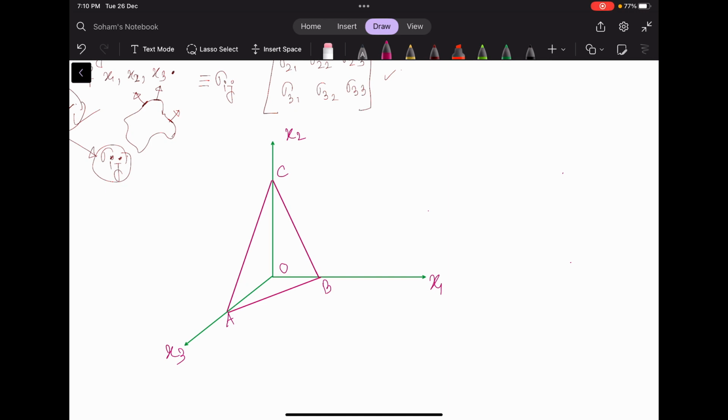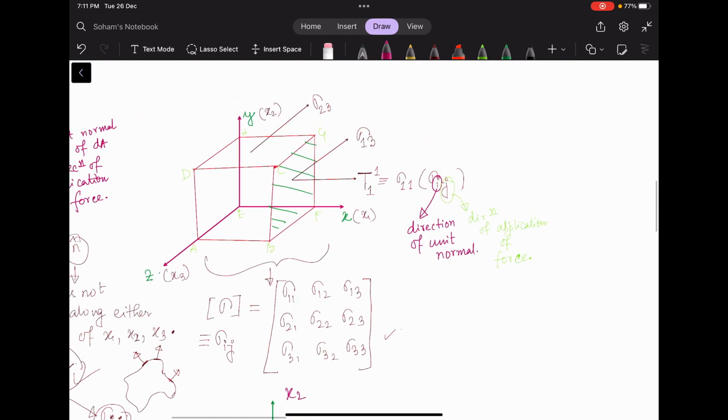So the forces on those surfaces can be represented in terms of the stress tensor. But for the surface ABC, having the normal along an arbitrary direction, not along the coordinate axes, we cannot write it using the stress tensor. We have to write it in terms of the traction vector, and thus by applying a force balance we can establish a relationship between the traction vector and the stress tensor. That is the philosophy here.